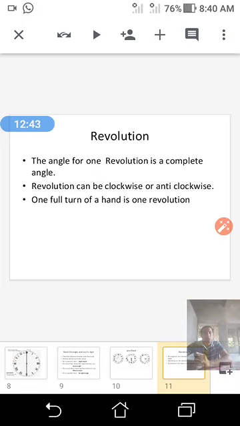Revolution can be clockwise or anti-clockwise. Clockwise means moving as the clock moves. Anti-clockwise means moving against the motion of the clock, the opposite of the motion of the clock. One full turn of a hand is one revolution.